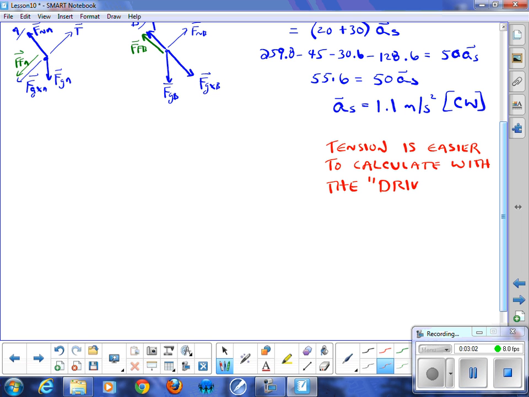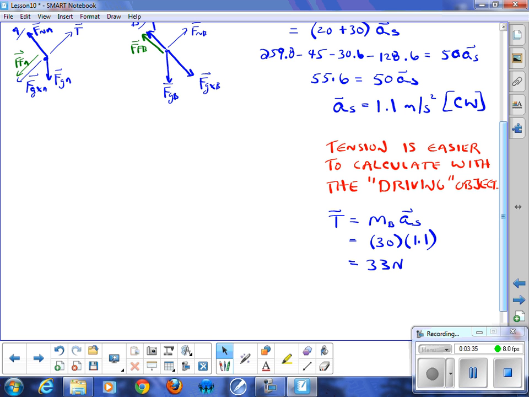So whatever is driving the system to move is how you calculate it. So that being said, you would take the tension in the rope. It's equal to the mass of the driving object. For us, it was B, multiplied by acceleration in the system. So our tension would have been 30 multiplied by 1.1, which gives us 33 newtons. All right, 33 newtons in tension.